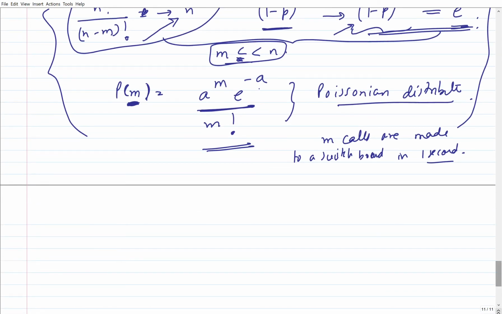We roughly know on an average how many calls are made in a longer time. We need to calculate how many calls are being made in a very short time. So that probability would be given by a Poissonian distribution. The other example might be the distribution of cosmic ray counts, and so on and so forth.